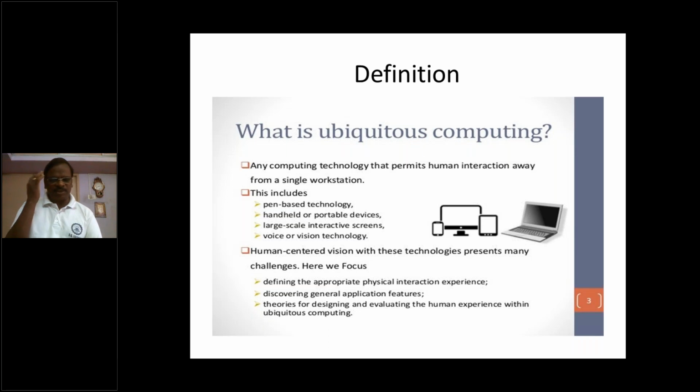What special applications do we require? What features do we want to adapt? What technologies are available, and what is not available? Then how can we adapt all these technologies? These things are discussed in this topic. Theories for designing and evaluating the human experience within ubiquitous computing are appreciated, but the full generation of this kind of pervasive technology has not yet been derived or invented.